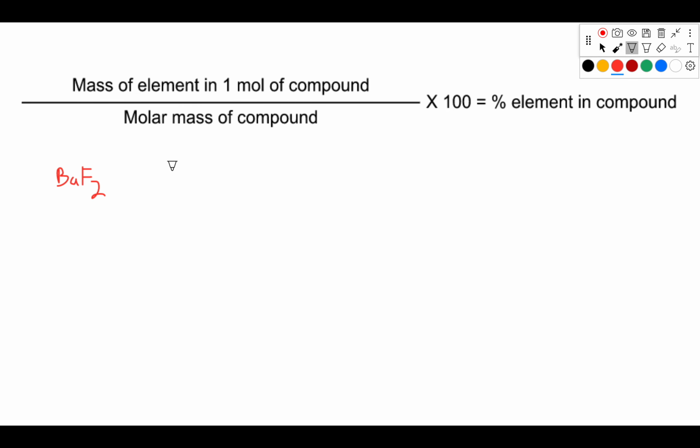So starting with barium, I would have 137.3 grams of barium. Okay. And then the mass of fluorine, I have to look up, is about 19 grams.